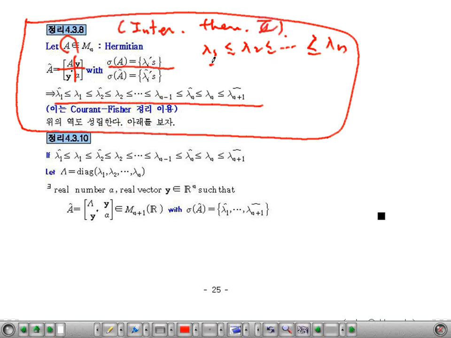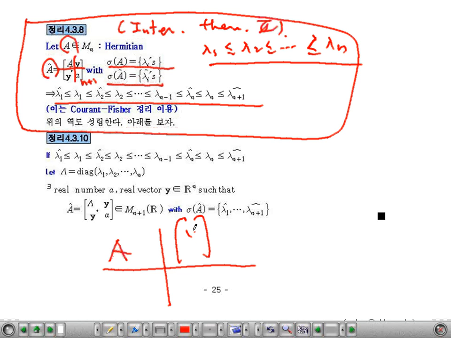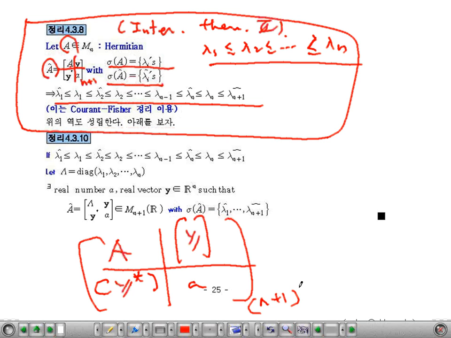Suppose we have ordered eigenvalues of A like this. And this one, A tilde, is the n plus 1 by n plus 1 matrix. Because this is a matrix A here, there's a vector y, here y transpose, y star, and here we have A. This is an n plus 1 by n plus 1 matrix like this. So we have n plus 1 eigenvalues here, lambda hat 1, lambda hat 2, up to lambda hat n plus 1.